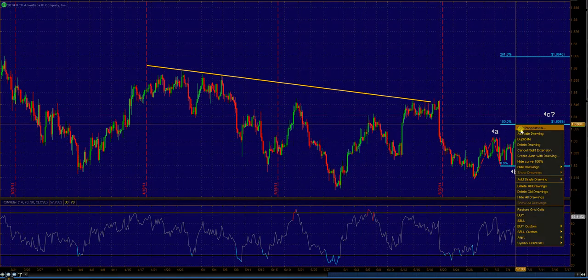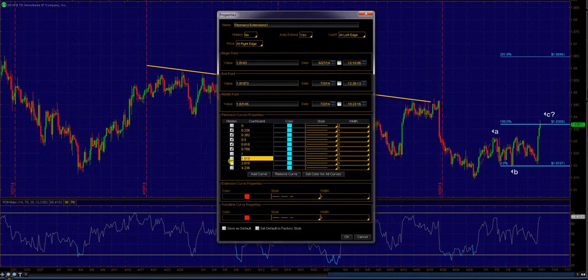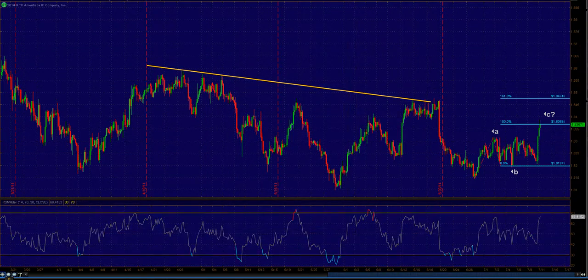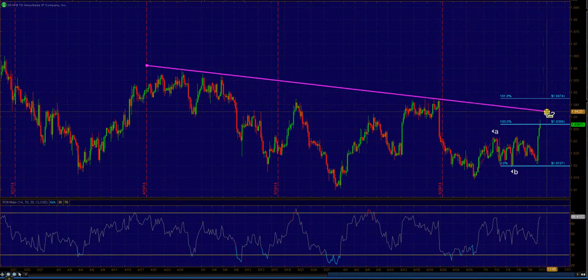Okay, and the 161 fib lies at 184.74. This is again the pound CAD. Alright, so we'll see how the pound CAD plays out.